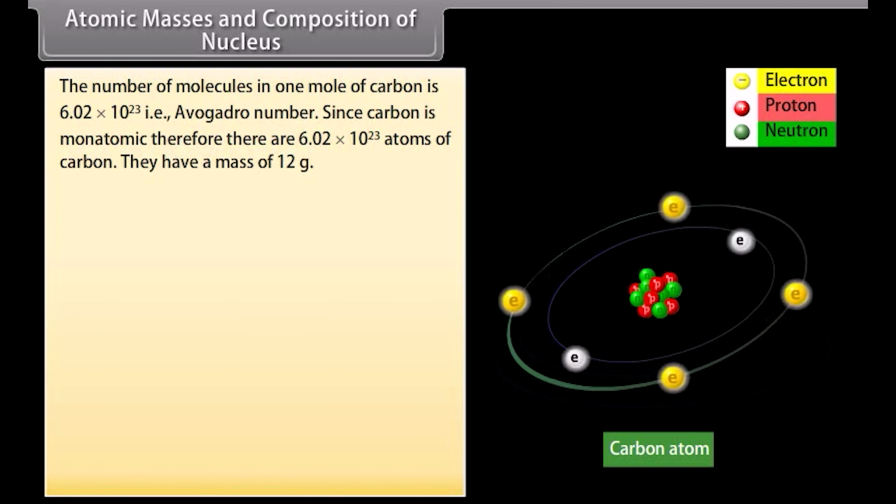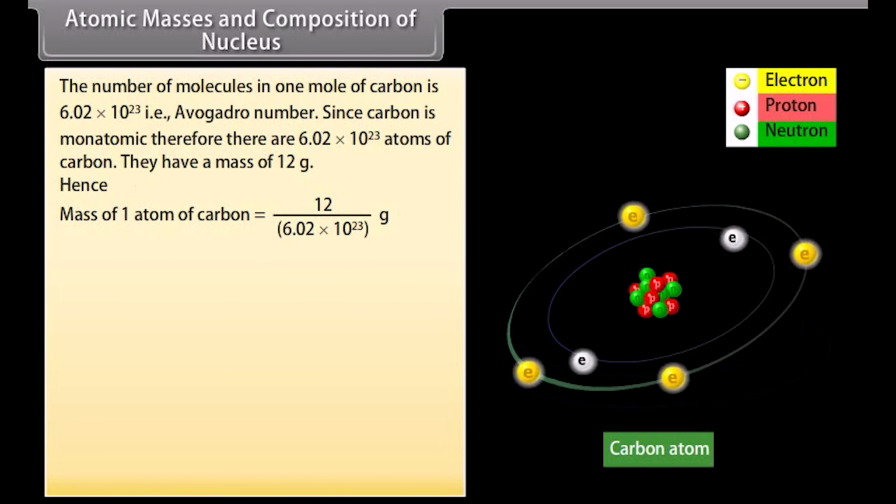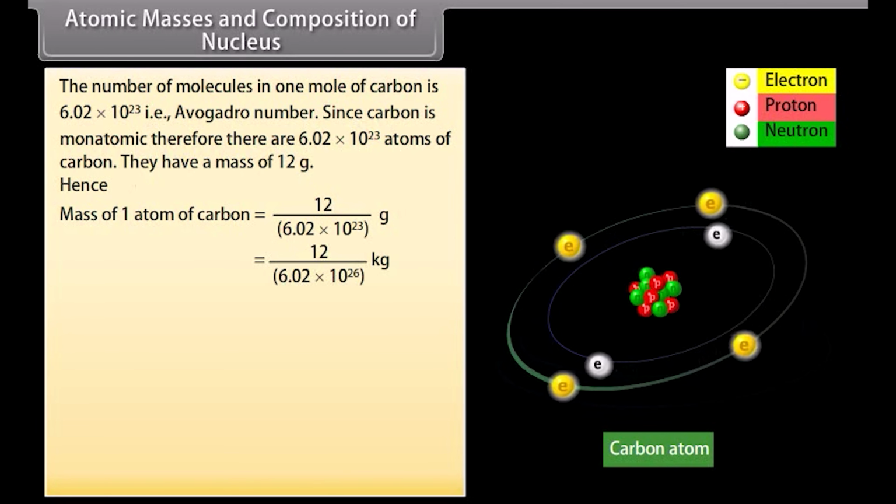They have a mass of 12 gram. Hence, mass of one atom of carbon is equal to 12 / (6.02 × 10^23) gram, which is equal to 12 / (6.02 × 10^26) kilogram.